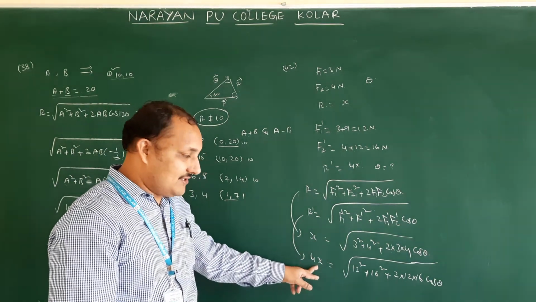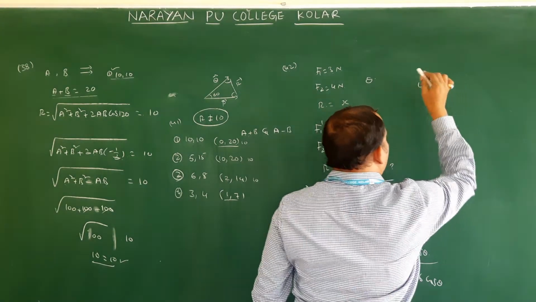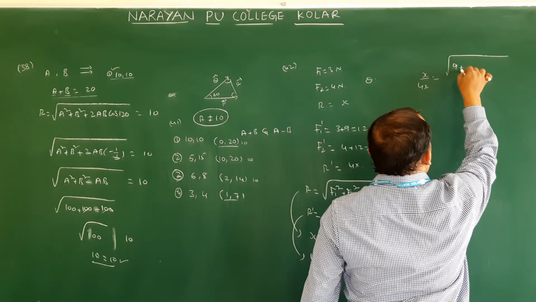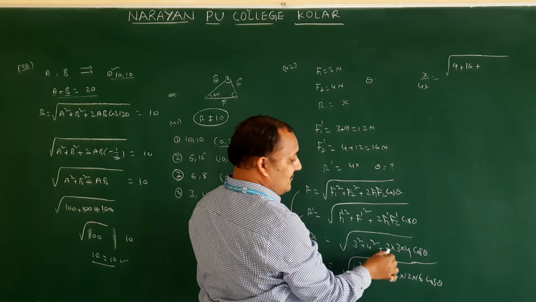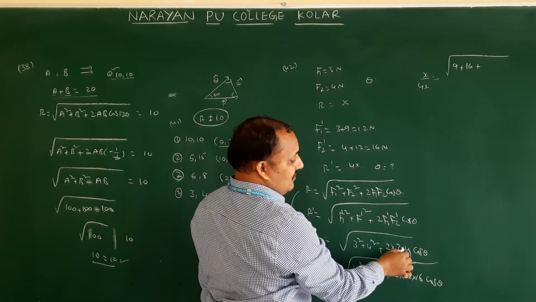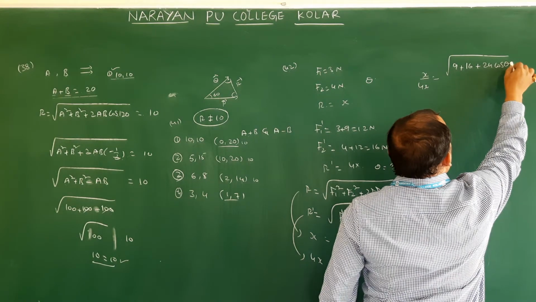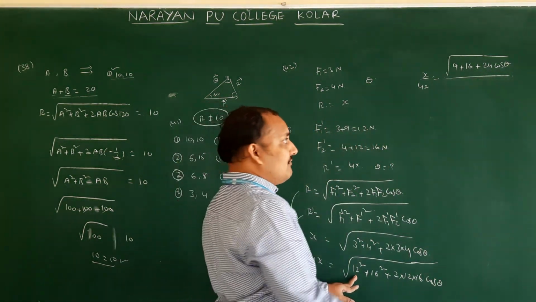So x by 4x you can do. On the LHS, x by 4x. On the RHS, root of 9 plus 16, since 3 3s are 9, 4 4s are 16. Then 3 4s are 12, 12 into 2, 24 cos theta, divided by 12 12s are 144.